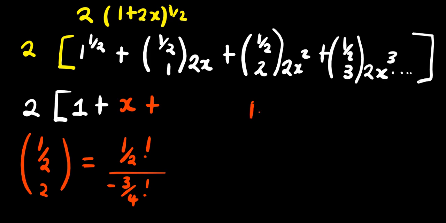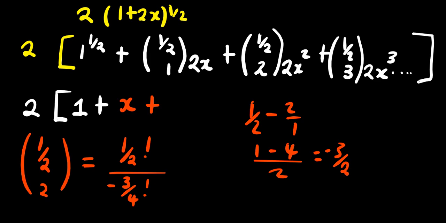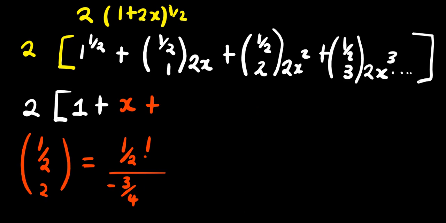So we had half minus 2, that is 2, that is 1, minus, that is negative 3 over 2. Okay, so we're going to have a 2 down, factorial. Then we have 2 factorial.